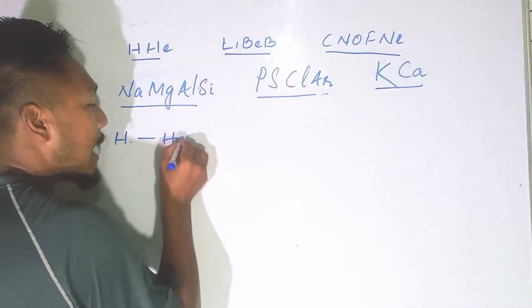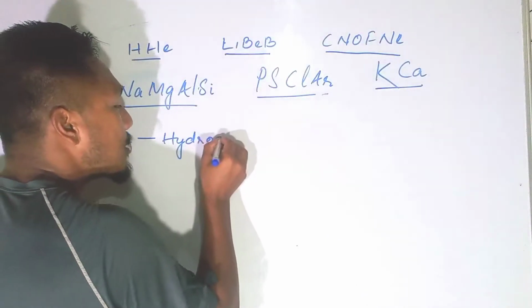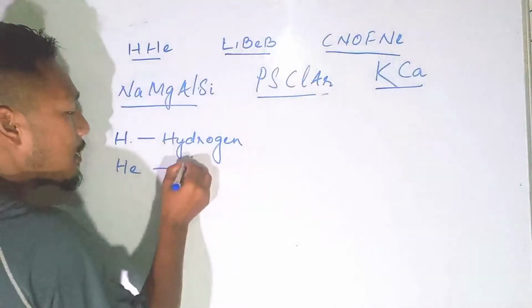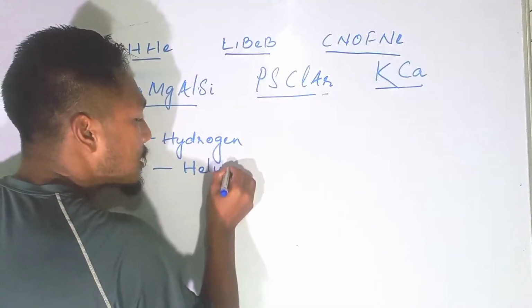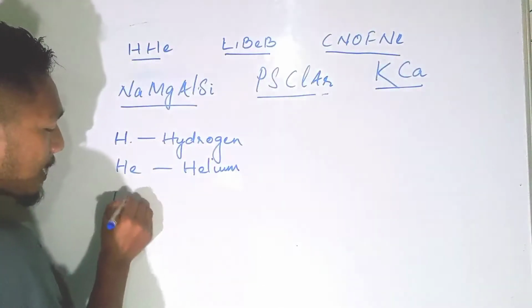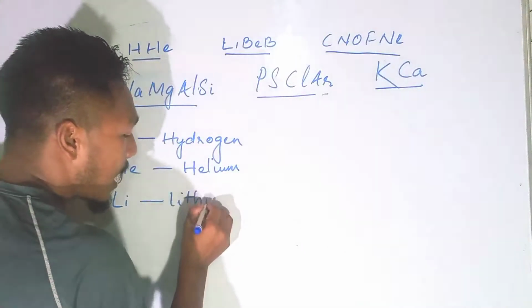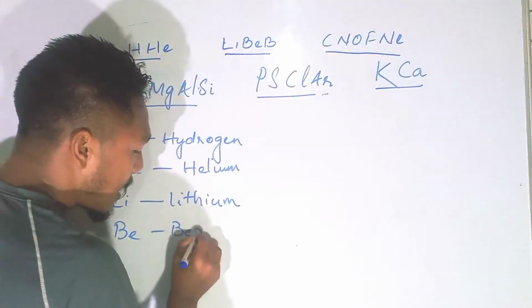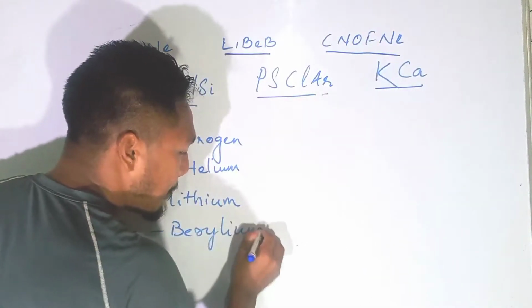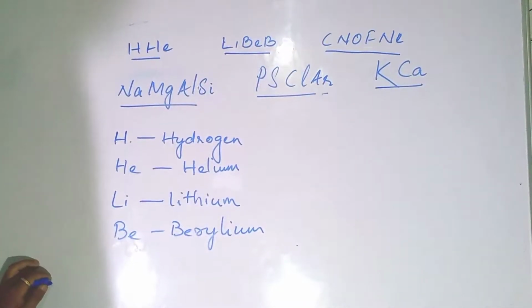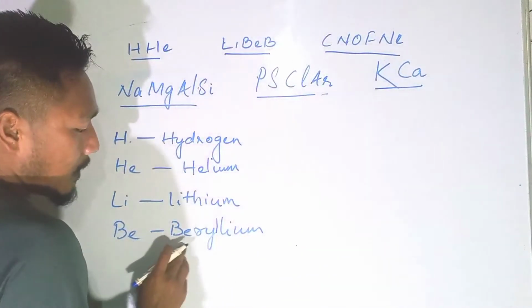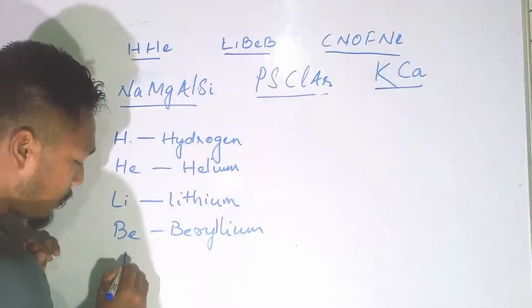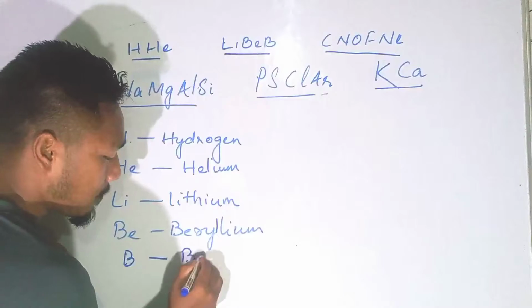The second, He, is helium. Then Li, lithium. Be, beryllium. B, boron.